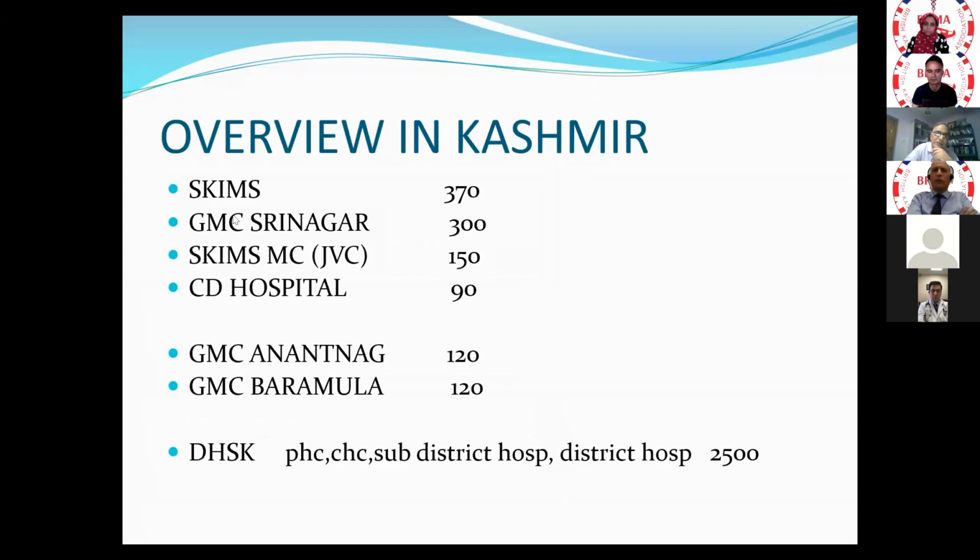There are around 6 tertiary care hospitals in Kashmir right now, with SKIMS having 370 COVID bed capacity, followed by GMC Srinagar, SKIMS Medical College, which we call erstwhile JVC, the Chest Disease Main Hospital, and 2 recently inducted medical colleges. But among them, I should give a word of praise for Director Health Services, Srinagar, Kashmir. They could revamp their services to 2,500 beds.